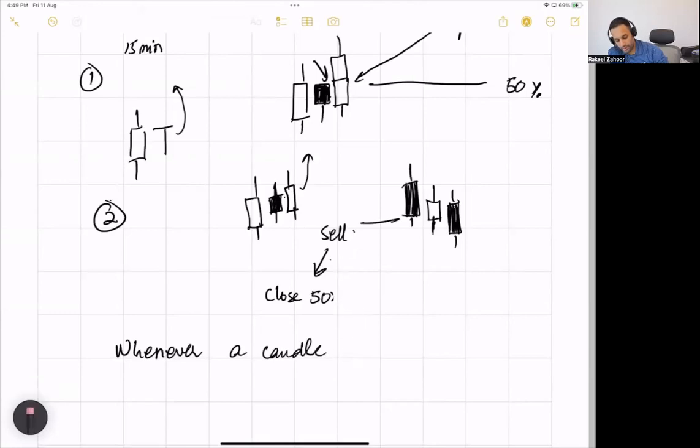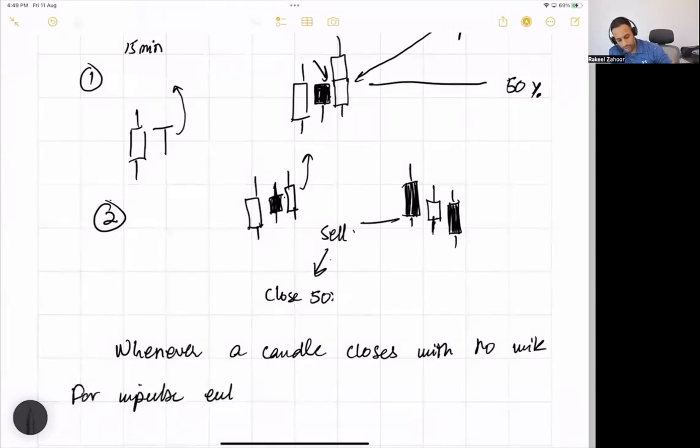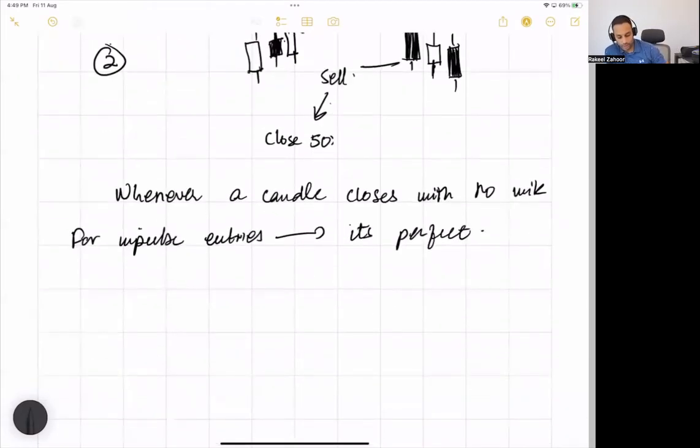Oh, my bad. Whenever a candle closes with no wick, this is only for impulse entries. Impulse entries, it's perfect.